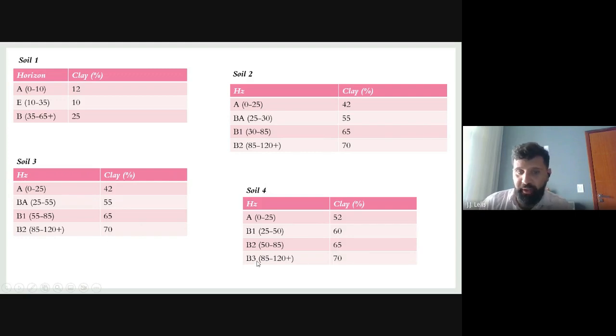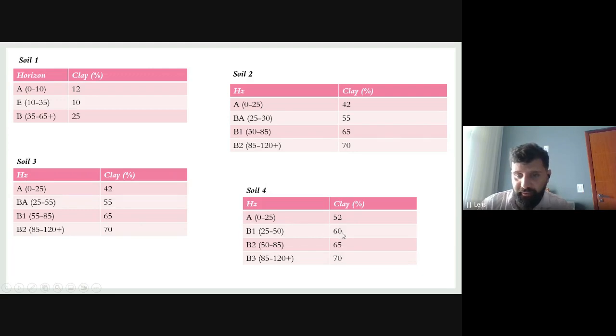We can't compare the B3 and A because the distance between them is much higher than 15 centimeters. The B2, we also can't compare because the distance is 25 centimeters. And so we should compare the B1 and A horizon.